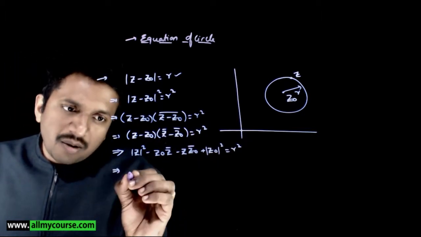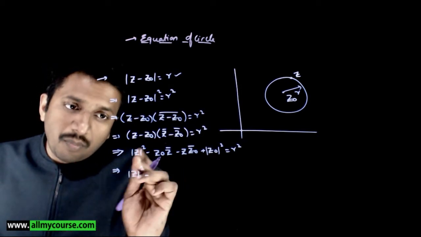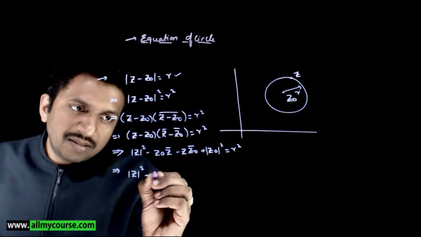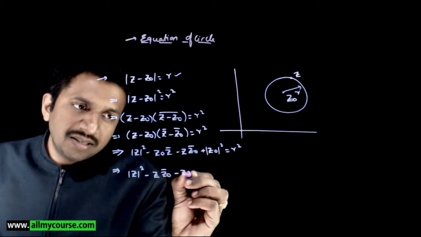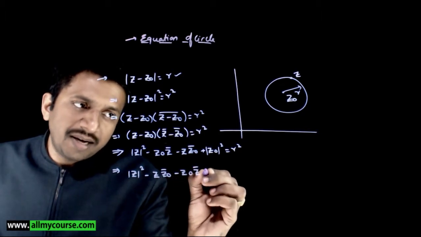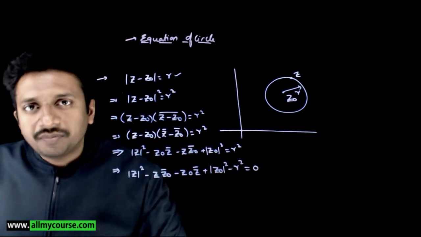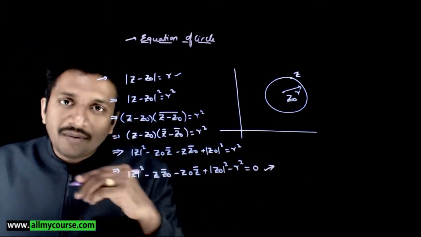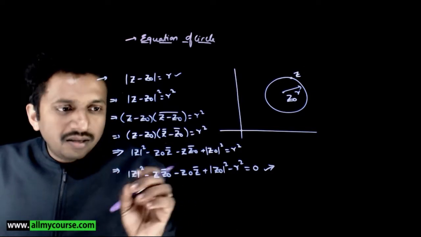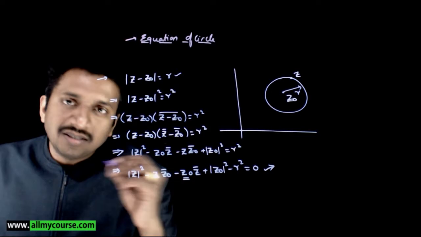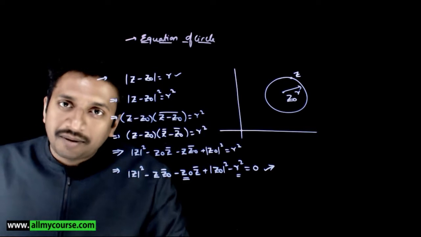So this implies mod Z whole square minus Z times Z0 bar minus Z0 times Z bar plus mod Z0 square minus R square is equal to 0. So this is the equation of a circle whose center is Z0 and radius is equal to R.